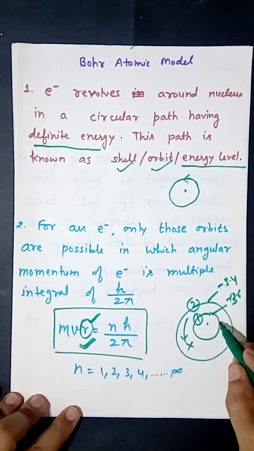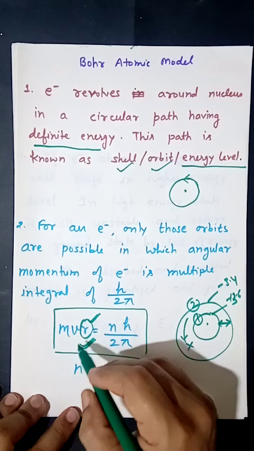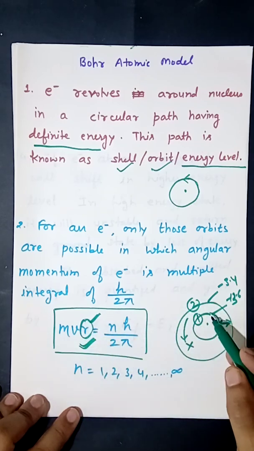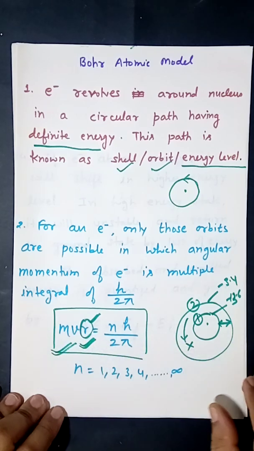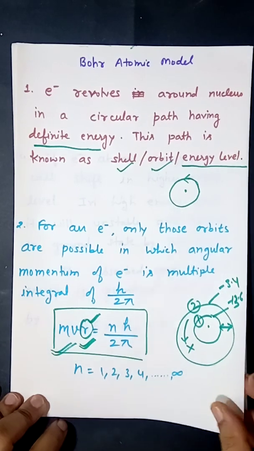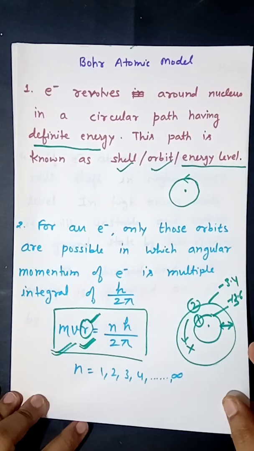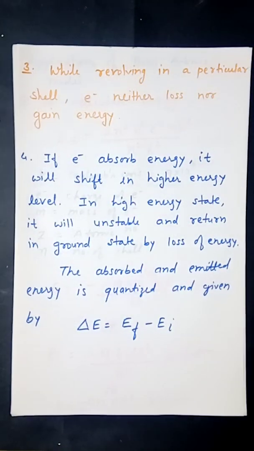So why can't the electron revolve in between these two shells? The reason is given by Bohr. According to Bohr, only those particular shells with radius r are possible if this condition is fulfilled. The explanation is not in our syllabus, but we can discuss later why this is so. mvr equals nh upon 2 pi.